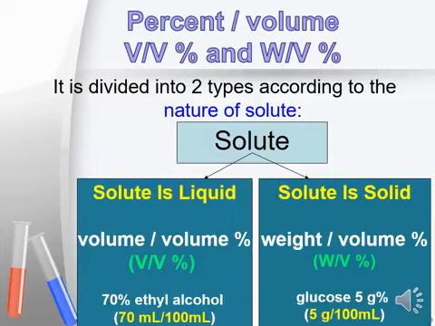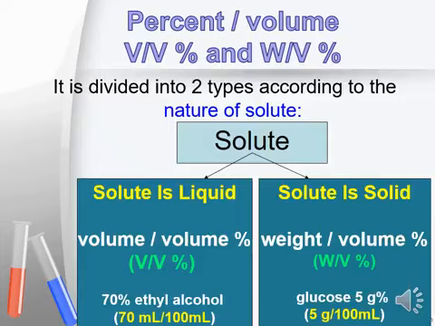What about the solute when its nature is liquid? When the solute's nature is liquid, then it is volume per volume percent. An example for this volume per volume, or V per V percent, is 70% ethyl alcohol. As we know, nowadays we have corona, and 70% ethyl alcohol is considered one of the disinfectants.